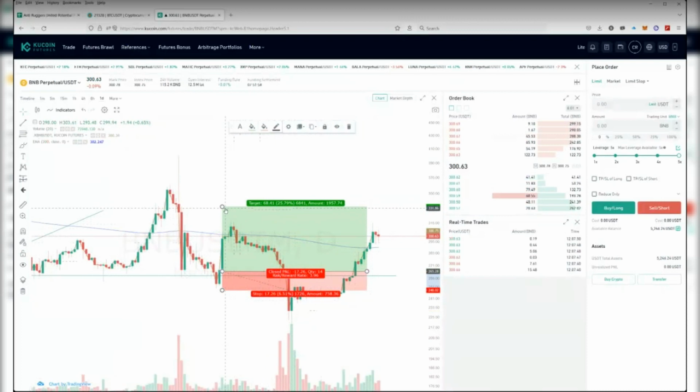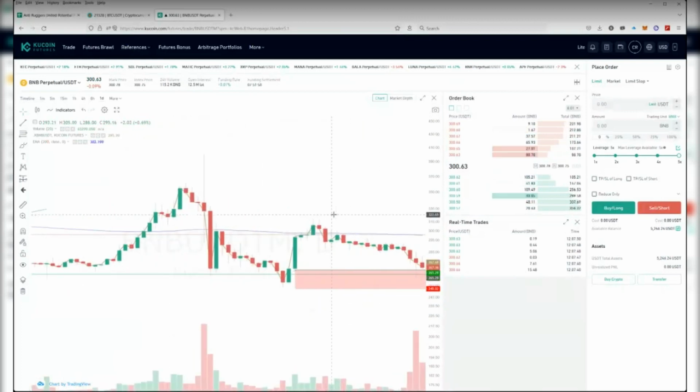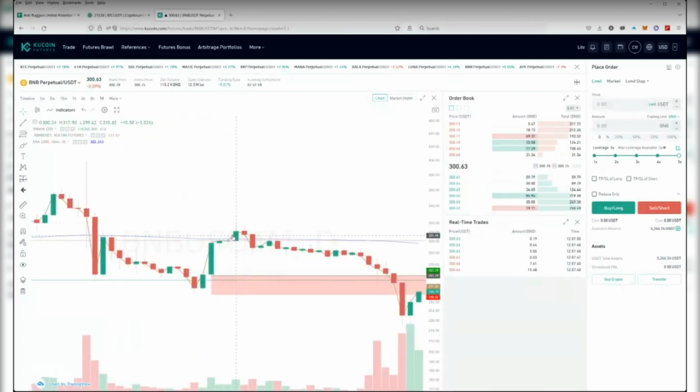So what I like to do, instead of just going 1-to-1 or 2-to-1, is see what it does, and after you get some high, you get a low. So for example, here it went up to here, it retraced back to here, and then this candle was green. So I would have moved my stop loss to this one.